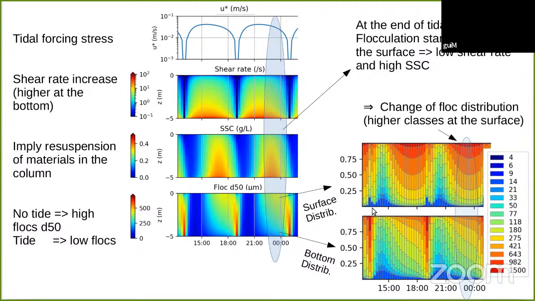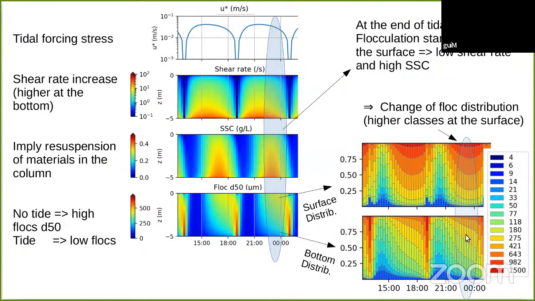So this is a median value, but at any time you can construct the fraction of each size. Each size class is present on the bed there. So when we are here, we have a change of classes of mud, and we have more flocs in these classes at the surface.